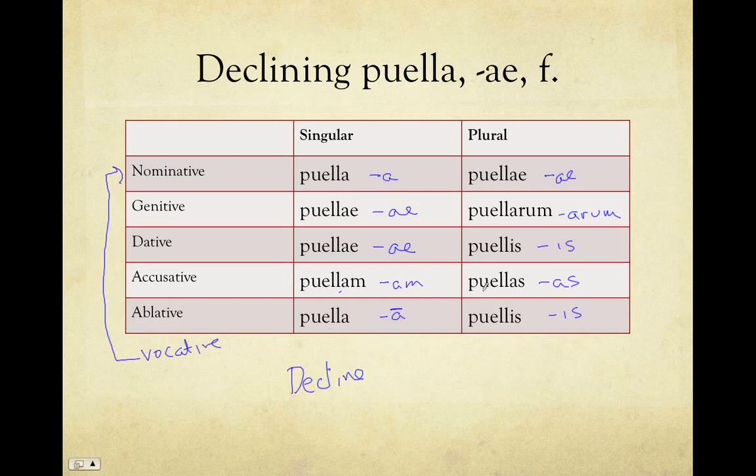So do these out loud to your roommate, to your parents, to whoever will listen, and the more you practice, the more firm you will be in your ability to decline these nouns. And the same will hold when we go through the other 5 declensions. So this is just the first declension. It's marked, remember, by that AE in the genitive singular. It uses these endings. They're mostly feminine, but there are some masculines. So good luck practicing.